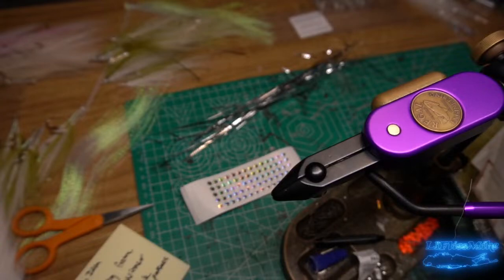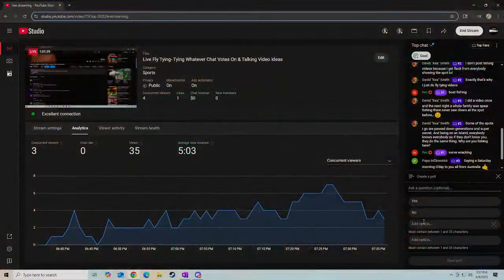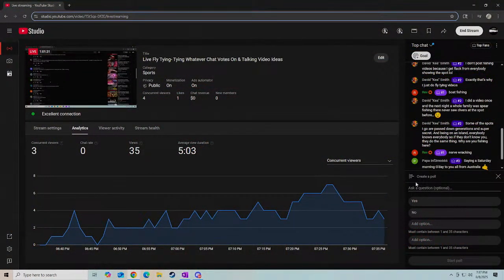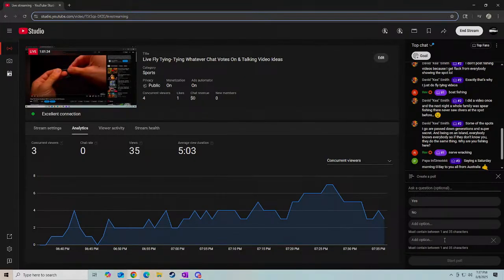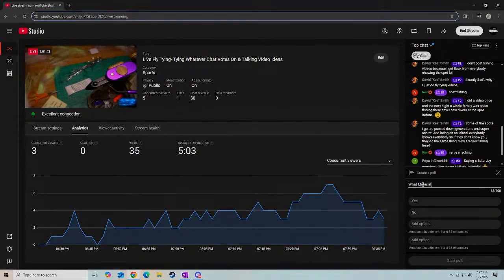So, for instance, I could do, like, bucktail. Let me make sure I'm not doxing anything here. So, for instance, there's the poll down here. I have, like, four options. So I could say, what material should we use? Like that, for instance.